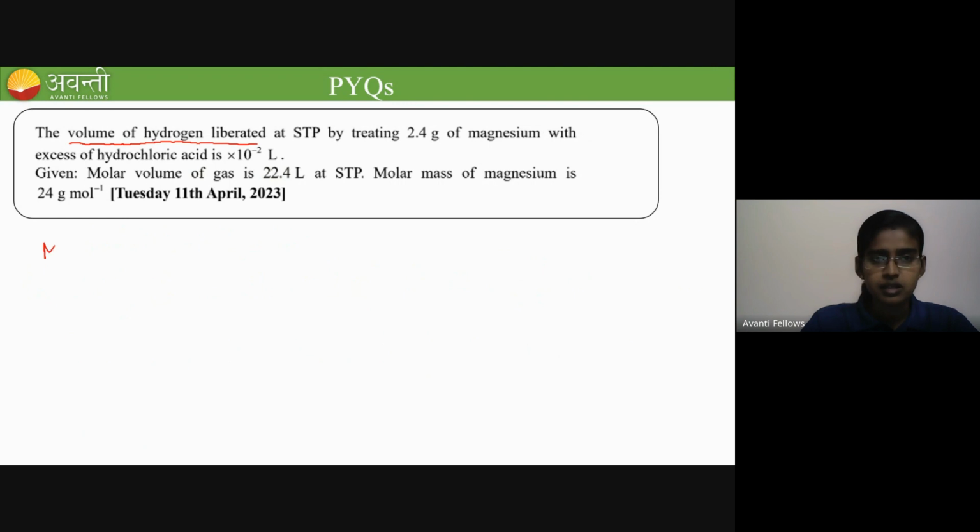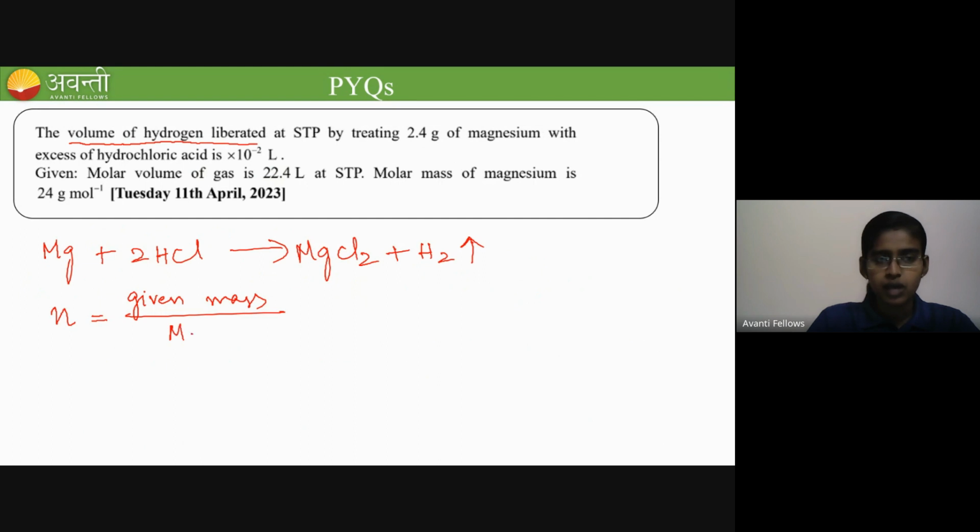So here magnesium is reacting with 2HCl to produce MgCl2 and H2. If I want to find out the number of moles, it is given mass divided by the molar mass. The given mass of magnesium is 2.4 and the molar mass is 24, and this will give us 0.1.